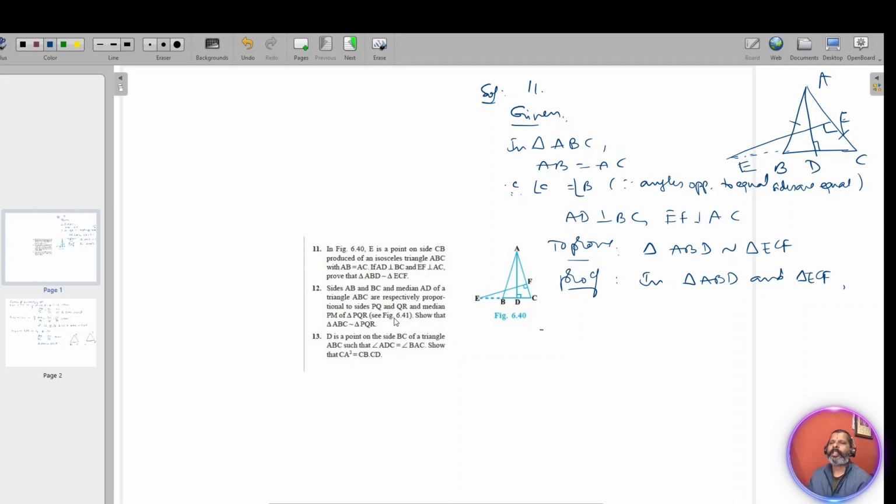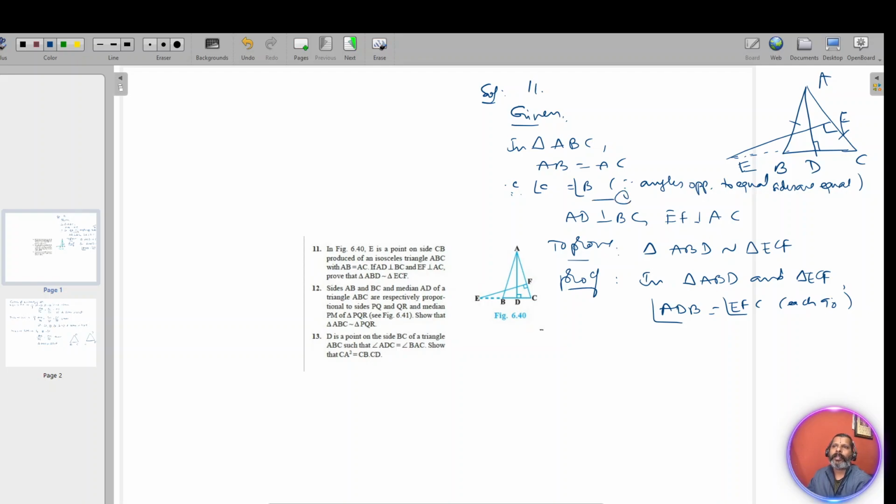What is the proof? Just observe. In ABD and EFC, what is the common angle? Common angle will not come, 90 degrees will come. Angle ADB is 90, and angle EFC is 90 each.